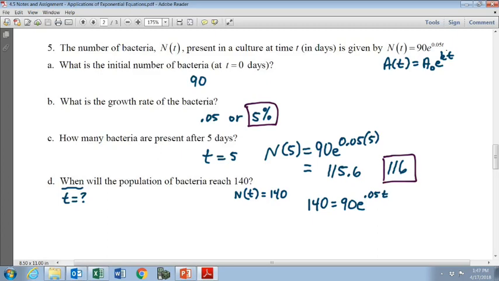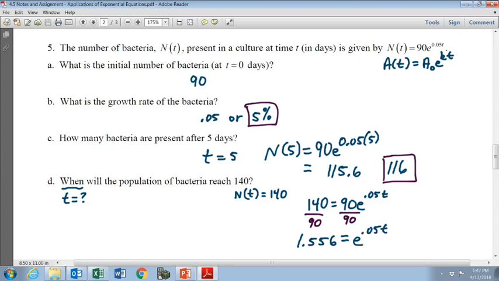The only thing is we've got this extra number in here, 90. If we divide by 90 on each side, we'll be able to get rid of that 90. We're going to get 1.556 is equal to e to the 0.05t power. You notice I've rounded this. I could have written this as 14/9, but I just took it to 3 decimal places. That should be good enough to get a good final answer.